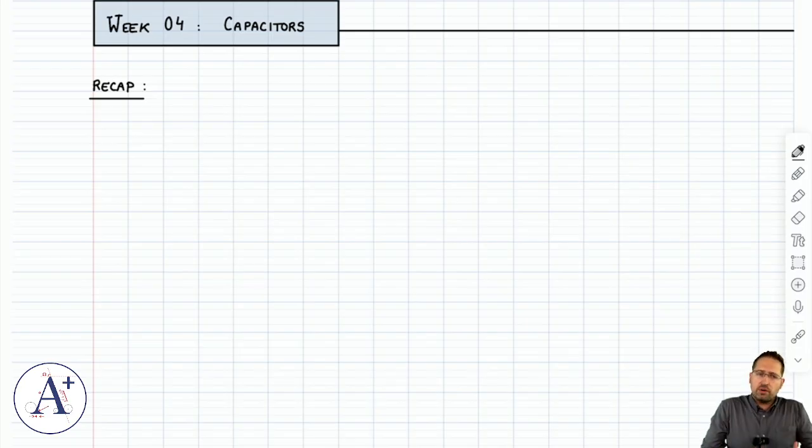But in general, I also want to know that if there's a difference in electric potential, there's going to be an electric field between those 2 points, pointing from high V to low V, and that a charge will move through that difference of electric potential. That's going to be useful, especially when we do circuits next week. But the point is, electric potential is useful because I want to be able to talk about motion of charge in terms of energy, particularly potential energy, because electric potential is electric potential energy per unit charge.